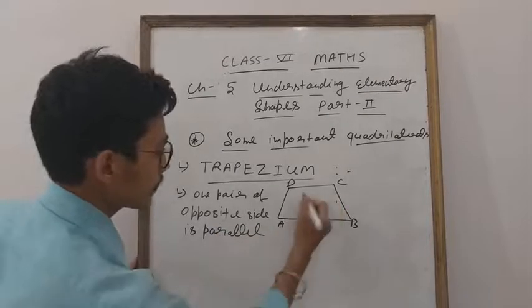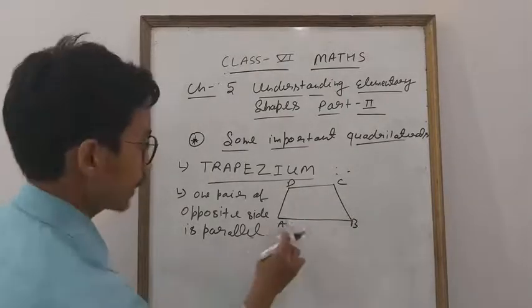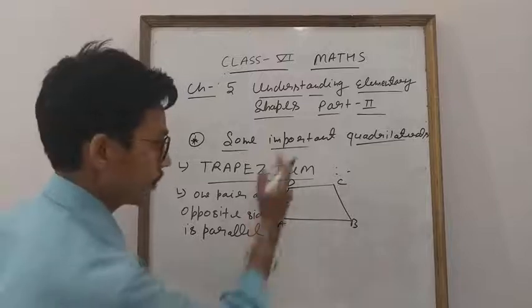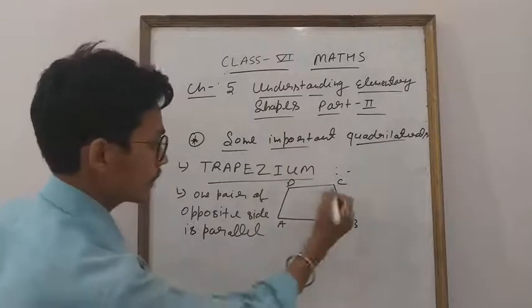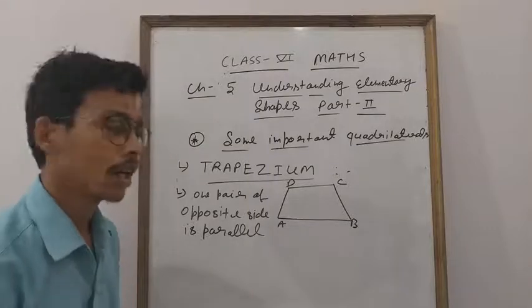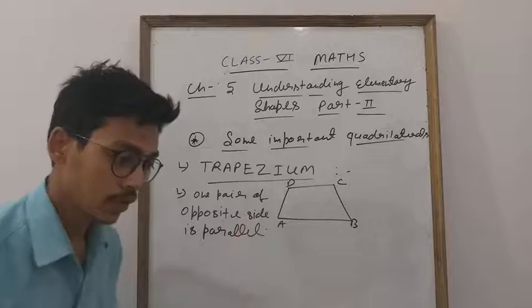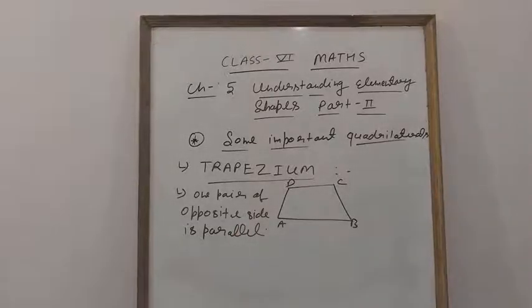See, AB and CD are parallel to each other, but AD and BC are not parallel to each other; they will meet. So a quadrilateral in which one pair of opposite sides is parallel is known as what? Trapezium. So student, I discussed all the things: rectangle, square, trapezium, rhombus.